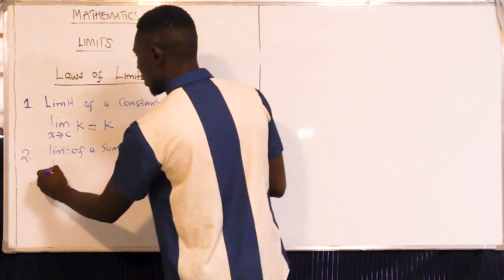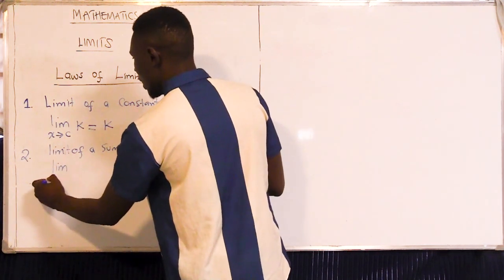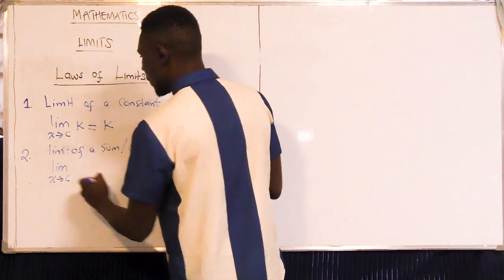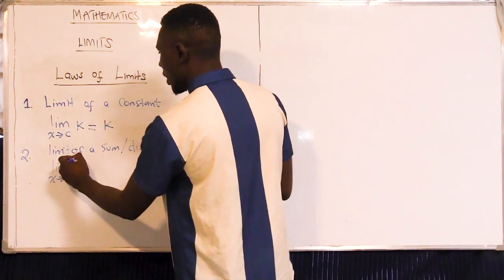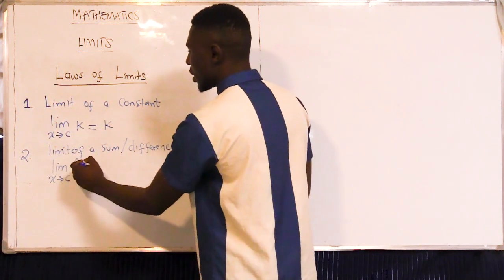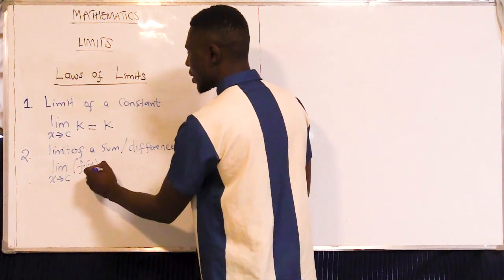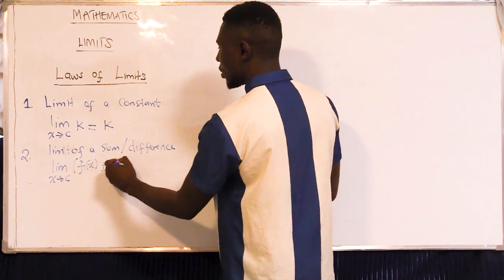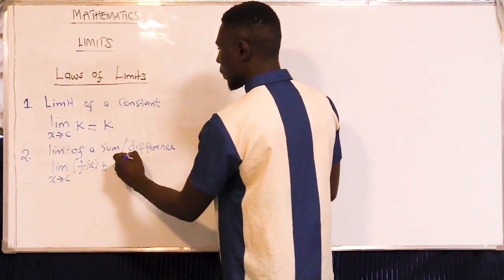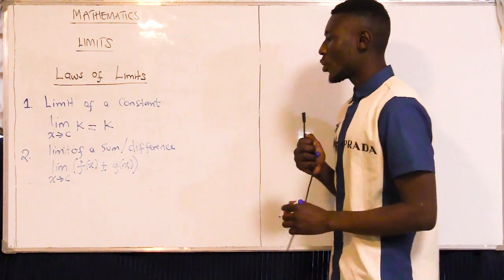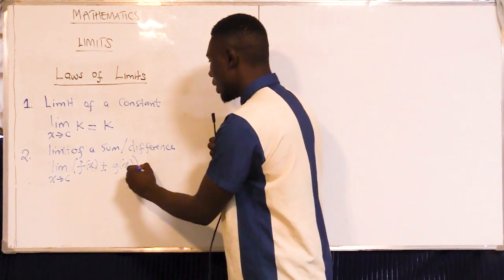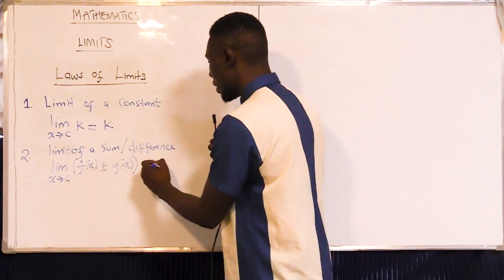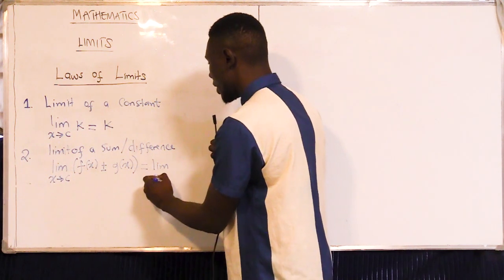If I have limit as x is approaching c of, let's say, my function is simply the sum or difference of f of x combined with g of x, the result I'm going to get will be limit as x approaches c.